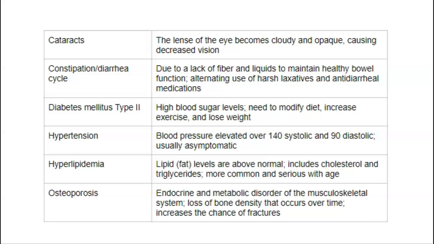So once again, making sure that we're eating a good, solid, regular diet, keeping protein, sugar, carbohydrates, and fats balanced. Making sure that they get their yearly blood checks for their blood sugar is important, as well as their cholesterol.